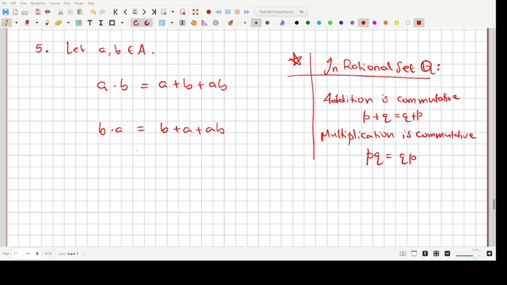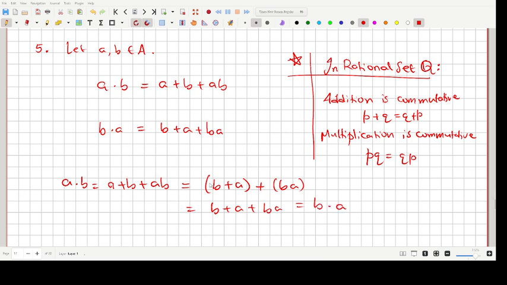So let's start with A dot B, right? A dot B is A plus B plus AB, and since A and B both belong to the rational numbers, so A plus B will be B plus A, and AB can be written as BA. So this is equal to B plus A plus BA, and that is B dot A, right?